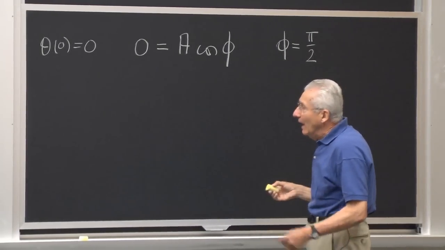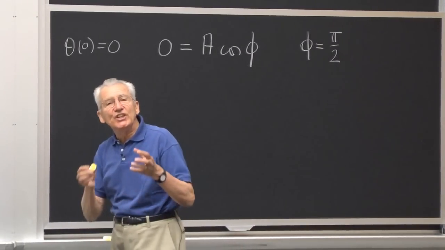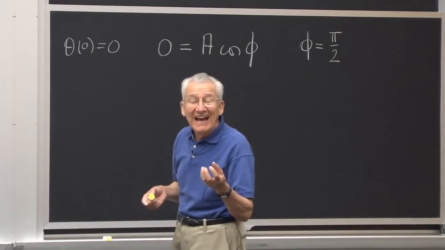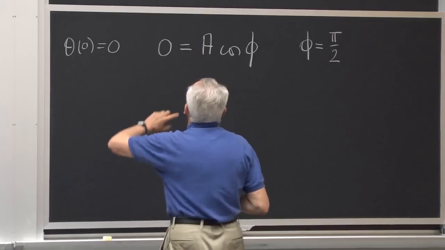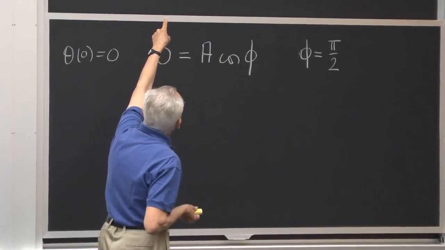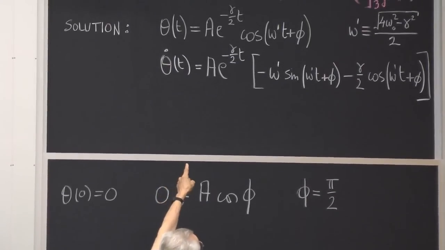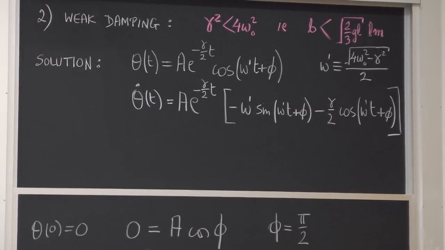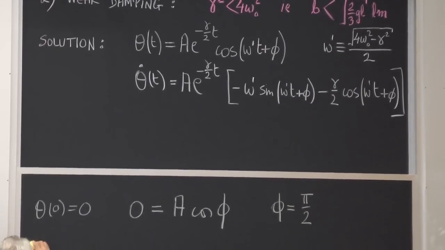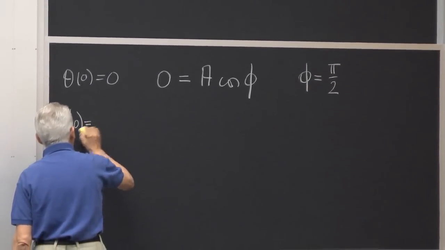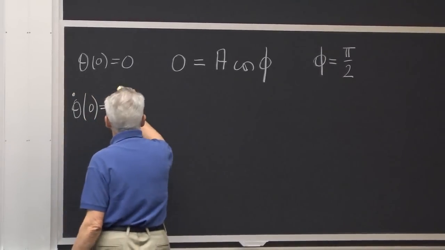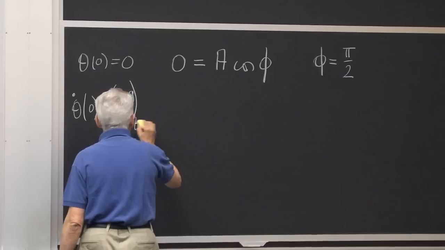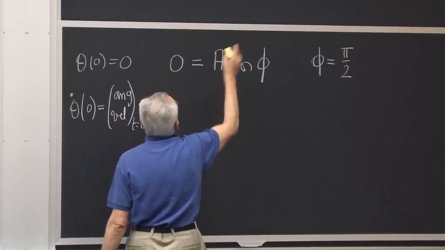Now the other one tells me something about the initial angular velocity of the rod. So I need to calculate the angular velocity of this rod. Here I calculate theta dot at time t by differentiating theta, and I get this lower equation. And now again, theta dot at time 0 is, we know, this number, the angular velocity at t equals 0. So in this equation, I plug that in.